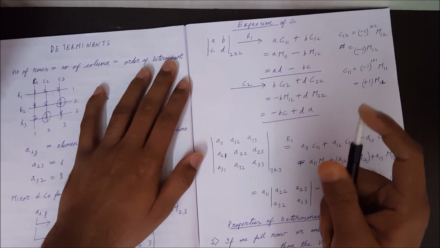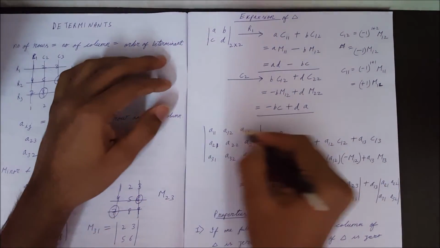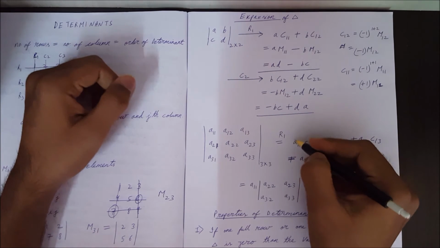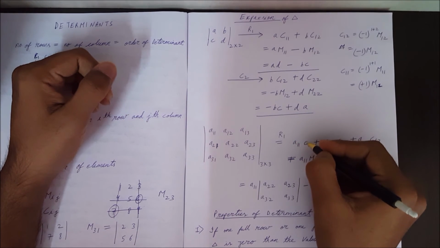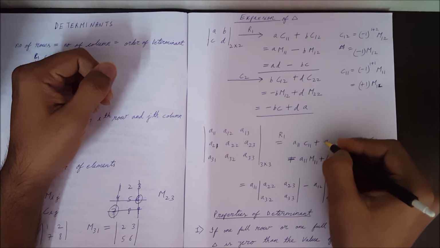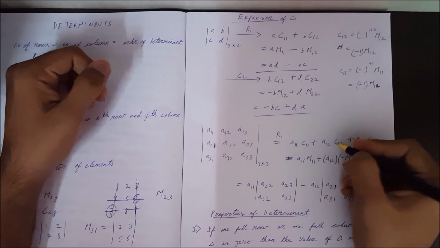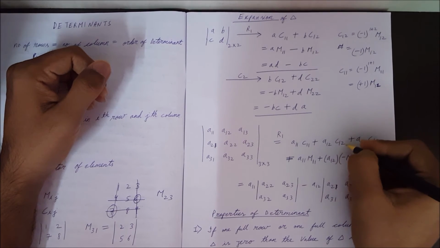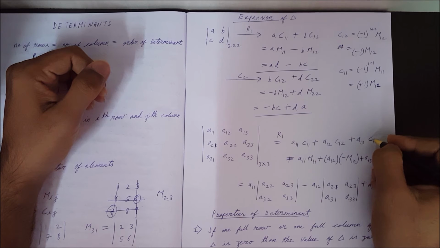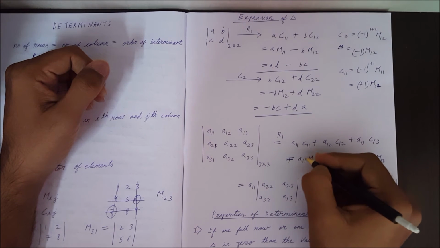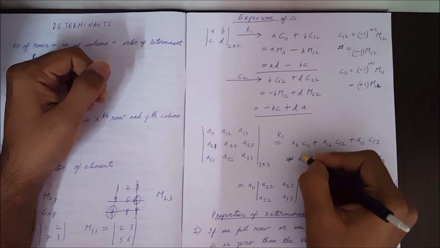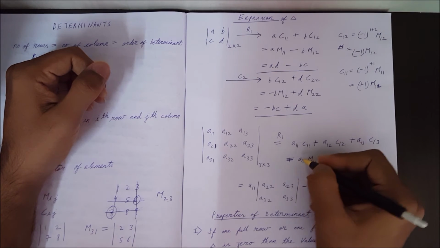If we expand through row 1, then we get a11 into the cofactor of a11, which is C11, plus a12 into the cofactor C12, plus a13 into the cofactor C13. Minus 1 to the power 1 plus 1 is even, so positive.